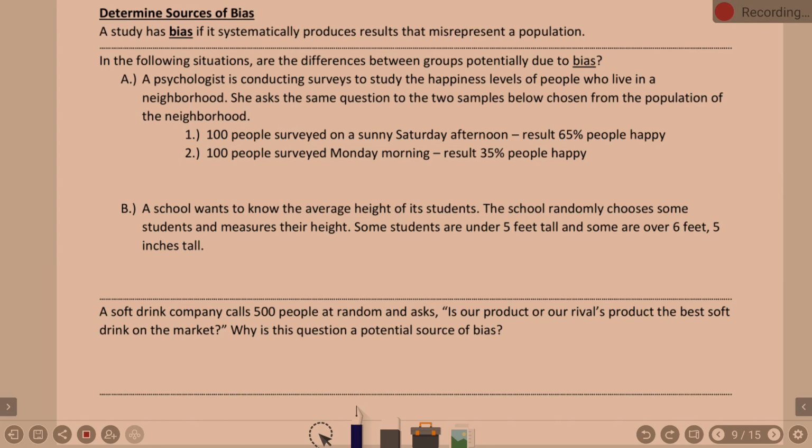So the first one was 100 people surveyed on a sunny Saturday afternoon, and the result was 65% of those people are happy. And then the second one, 100 people surveyed on a Monday morning, and the result was 35% people were happy.